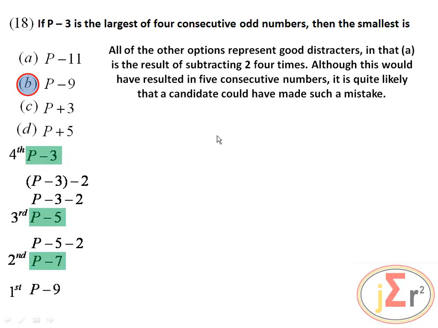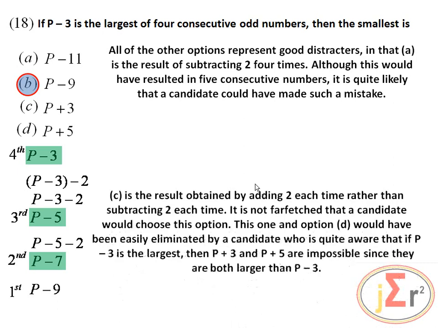Although this would have resulted in 5 consecutive numbers, it is quite likely that a candidate could have made such a mistake. So a candidate may say that since it is the largest of 4 consecutive odd numbers, let us subtract 4 times 2, which is 8. So it will be p minus 3 minus 8, we get p minus 11. And that is how this one, A, is a good enough distractor.